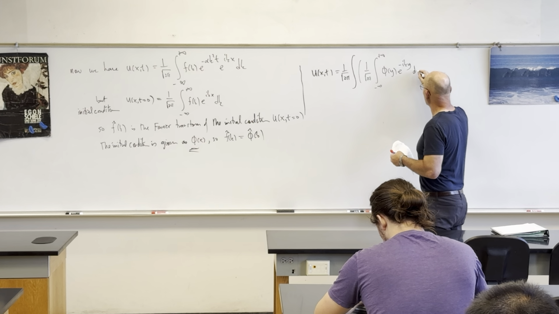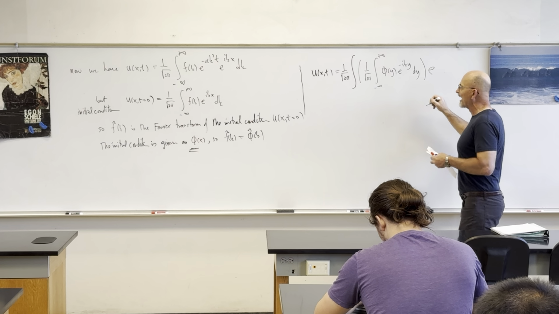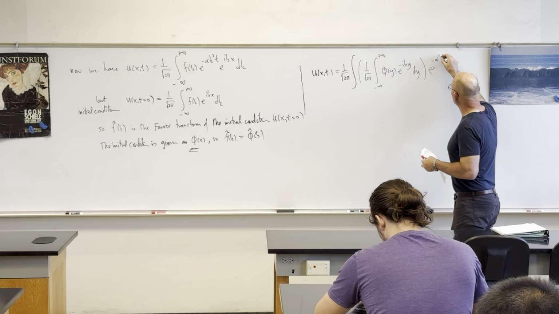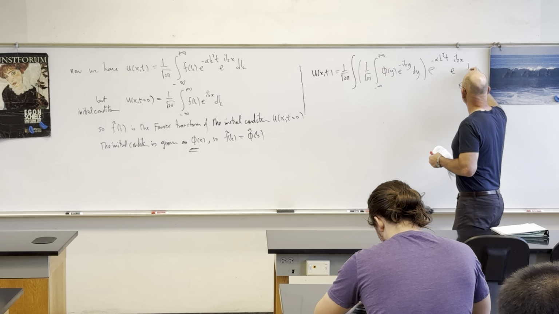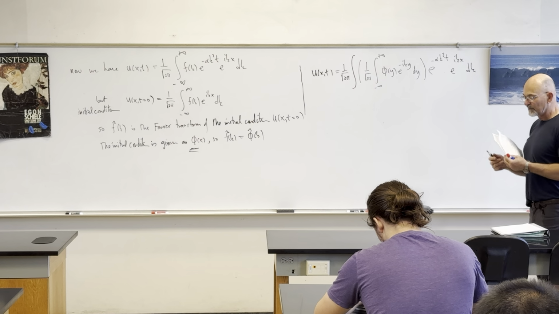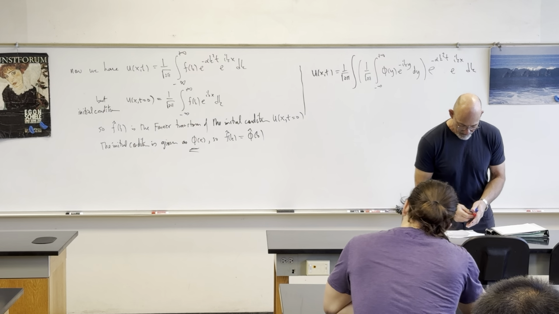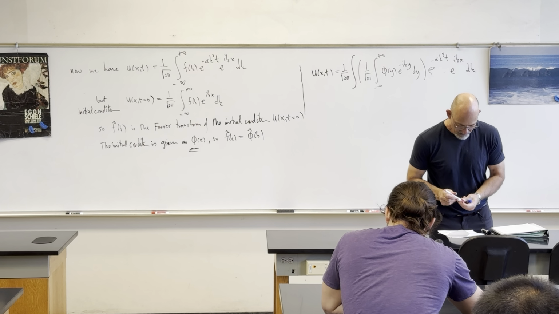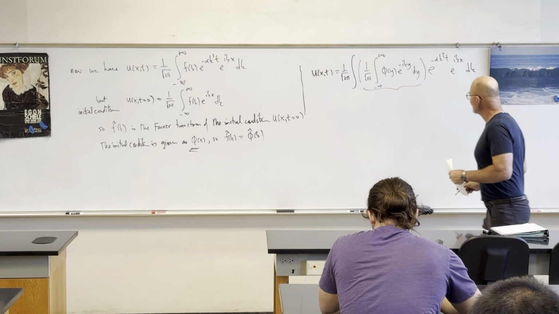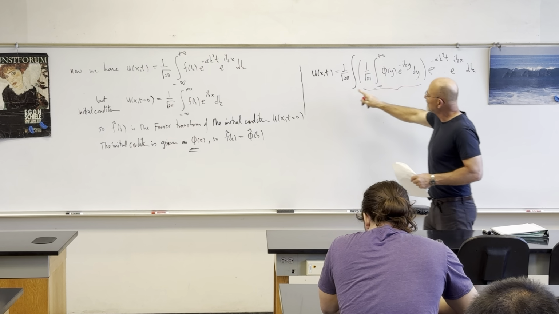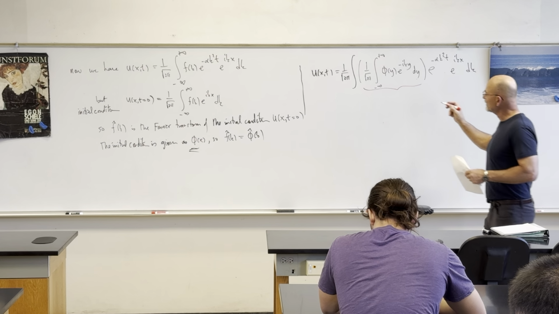So that's the Fourier transform, we'll label it as such. And then after that, we have the e to the minus alpha k squared t e to the i kx dk. So there's a bit going on here. Let me just label these things for you. This was that Fourier transform, and I just used a different integration variable because x is taken. And they're both minus infinity to plus infinity.